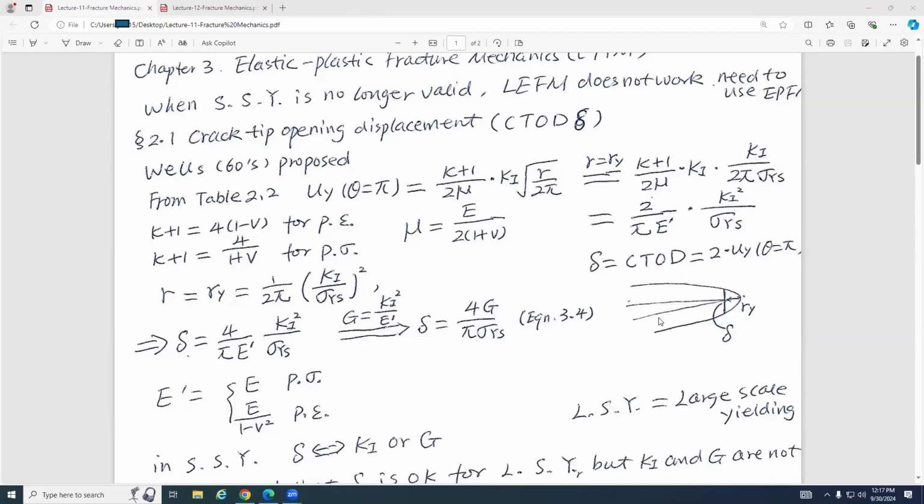So G, we know that, G can be written as Ki squared divided by E prime. Then this equation can be written as 4G divided by sigma ys. You can see sigma ys is a plastic parameter, so it plays a very important role here.